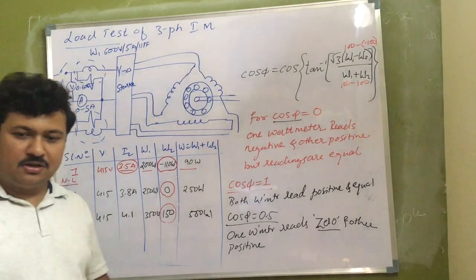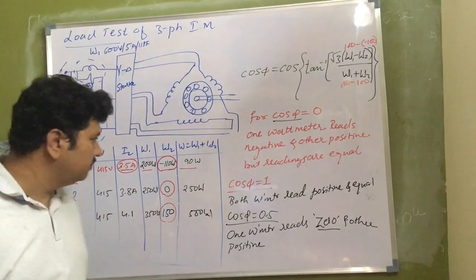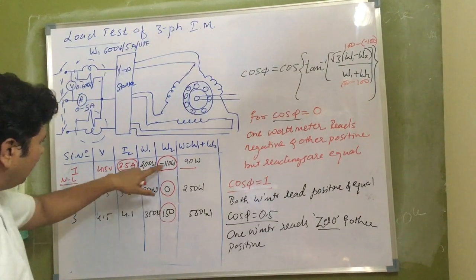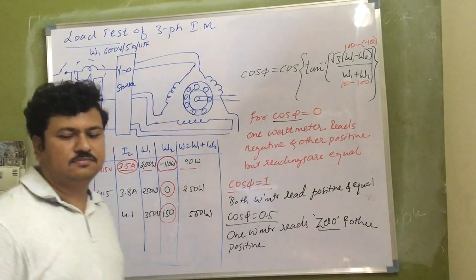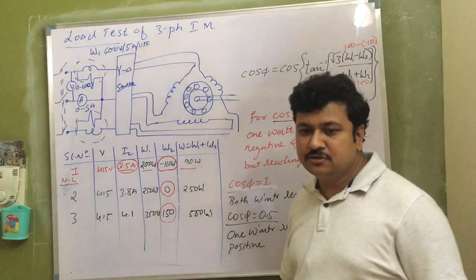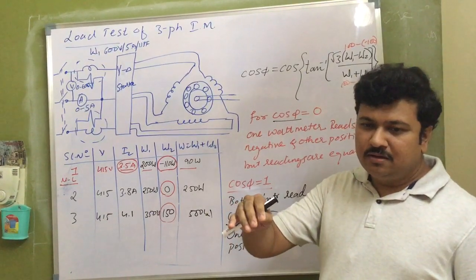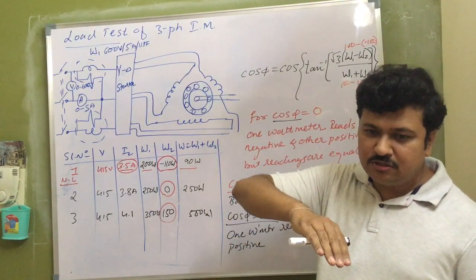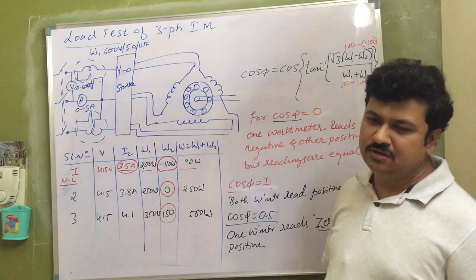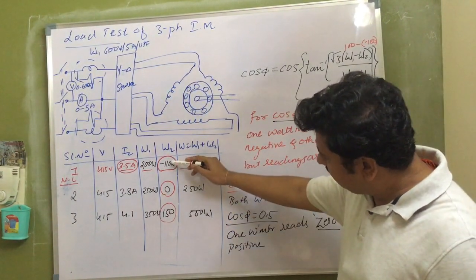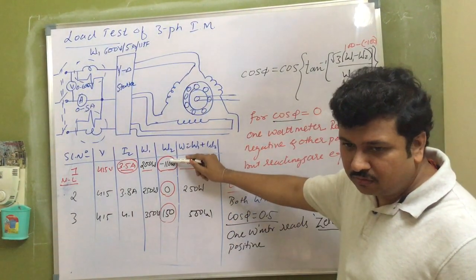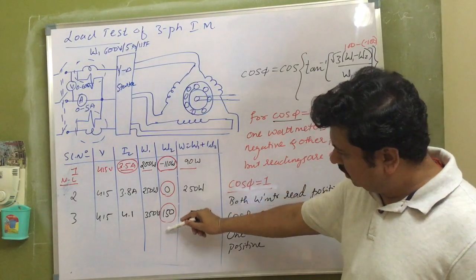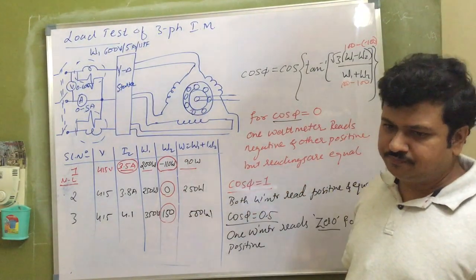The wattmeter which read negative, the same wattmeter will read 0, because it has to travel from the low power factor range to the high power factor range. So the wattmeter readings will start from a negative value, go towards 0, and then towards positive values.